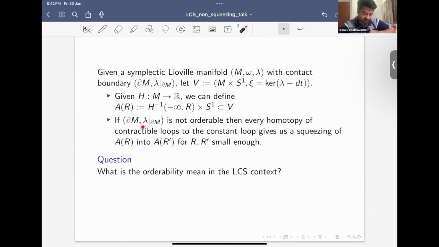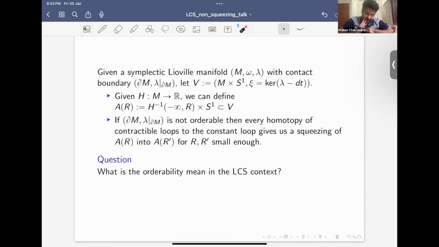If the boundary contact manifold is not orderable, then every homotopy of contractible loops to the constant loops gives a squeezing of this set A of R into A of R prime, for R prime small enough. So this is why orderability was important in the contact case.